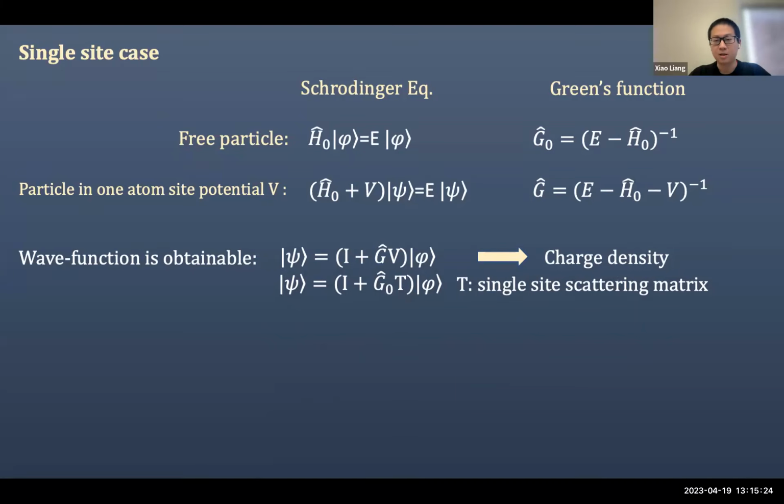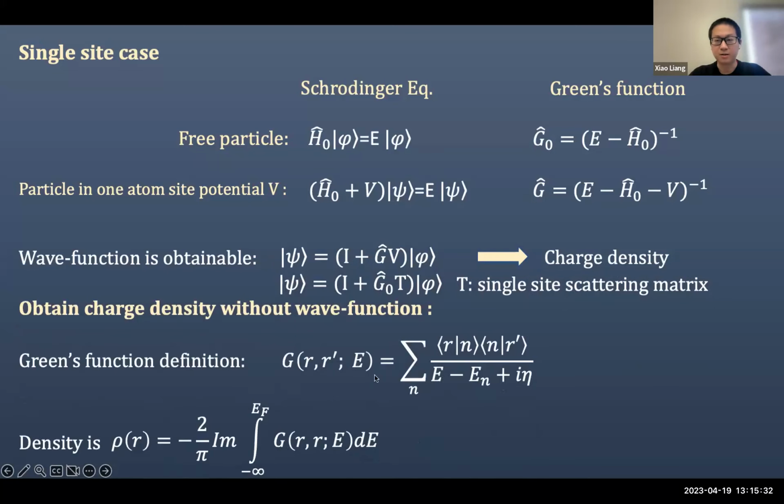However, based on the definition of Green's function, the charge density is obtainable without knowing the wave function. When we write down the Green's function that connects the position R and R prime, based on the definition, the density is actually embedded in the numerator, and we can extract the charge density through the integration of the imaginary part of the Green's function by setting R and R prime the same.